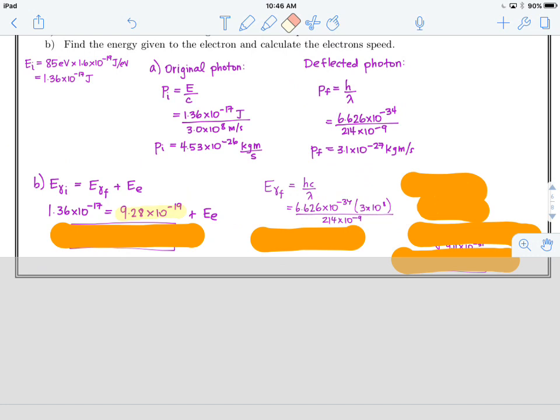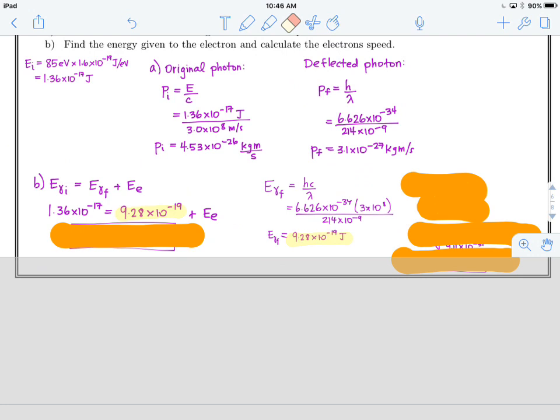Because we know that the energy of the deflected photon is hc over lambda, and we have everything we need to find it, we can simply go in and say hc over lambda, and we can do the calculation. We get 9.28 times 10 to the minus 19. And this number we're going to use in our formula.